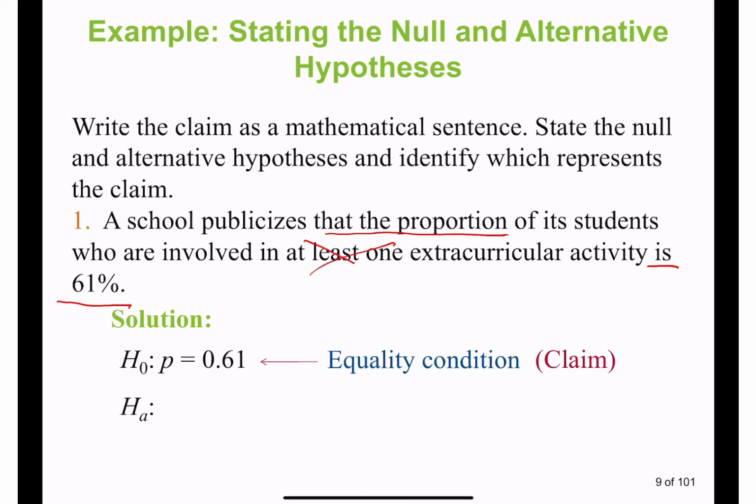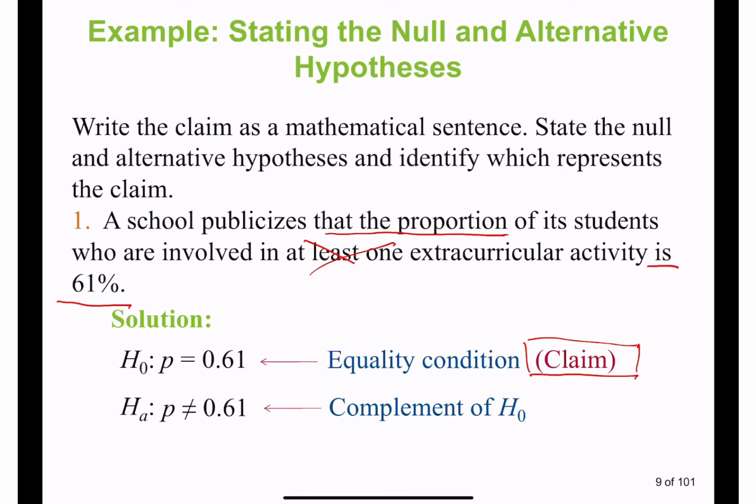So what is left for the alternative one? Not equal. Proportion is not equal 0.61. What is important, every time you write down a hypothesis test, you always mark down in parentheses which one is your claim, because claim can be either null hypothesis or alternative.